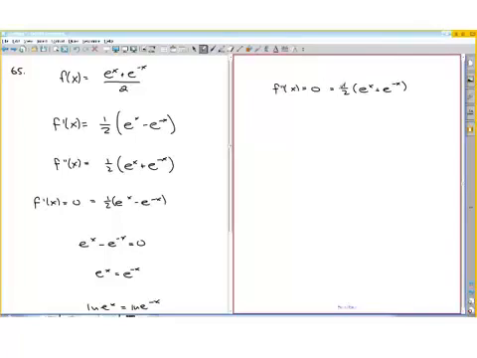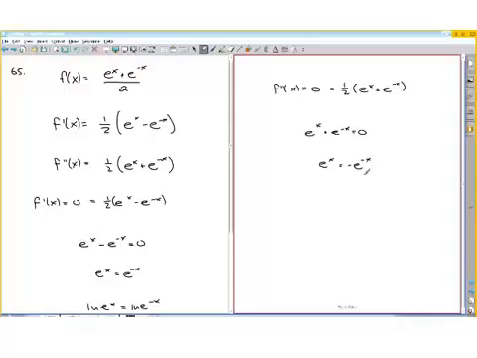If you multiply by 2 or divide by 1/2, you end up getting e to the x plus e to the minus x equals 0 is where there are points of inflection. And so we get e to the x is equal to minus e to the minus x.